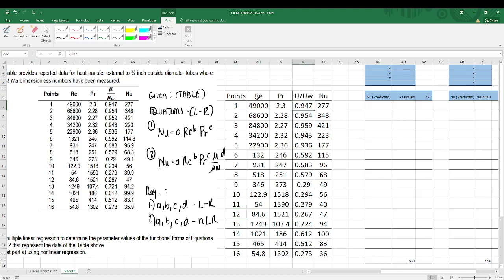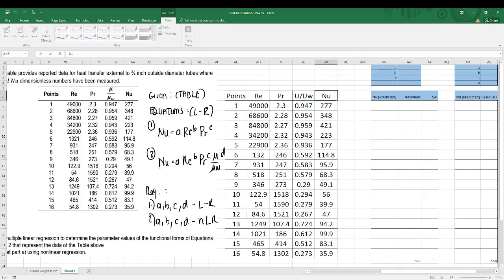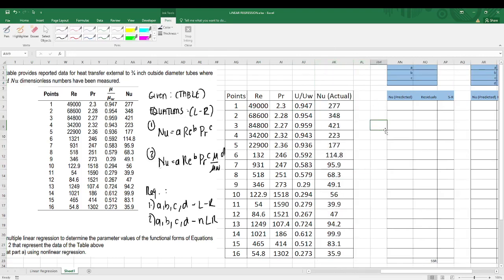The table that was given contains experimental data. Let's just say we could term the Nusselt here as our actual data, because it was taken using an instrument, using tools for experimentation.